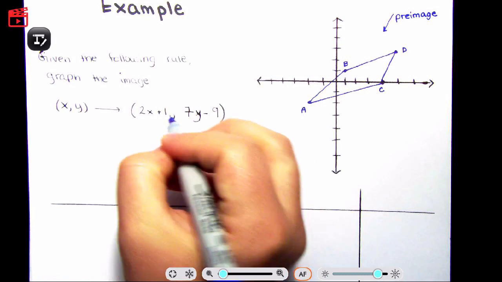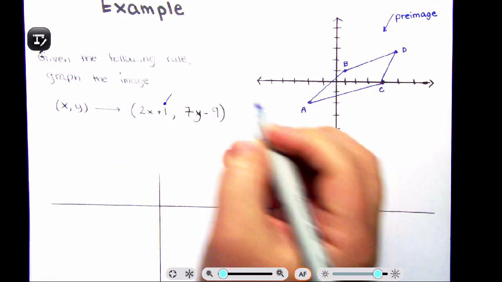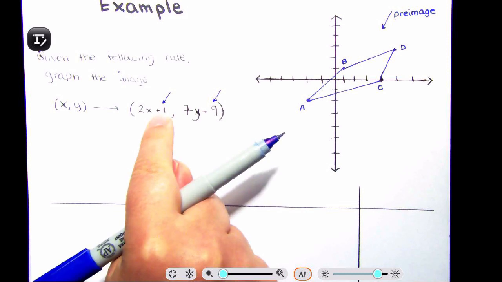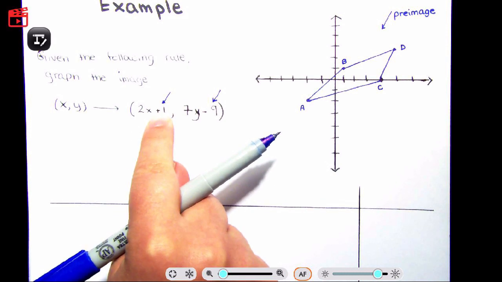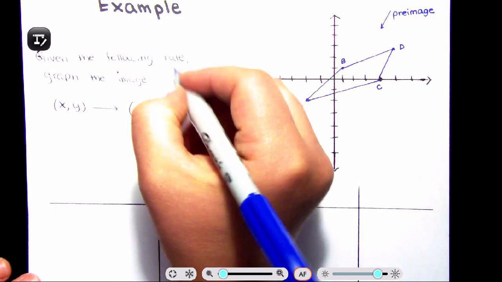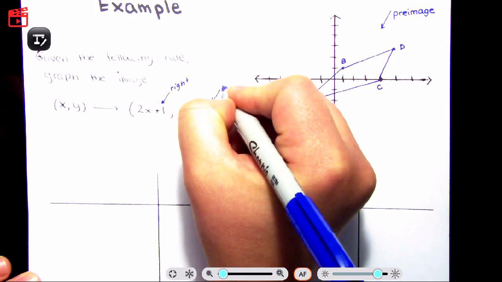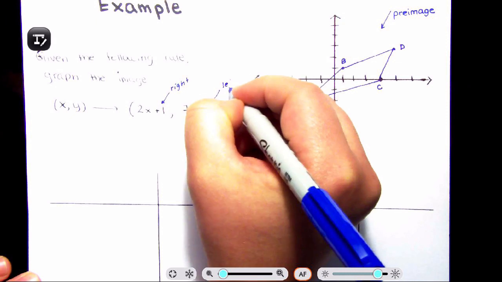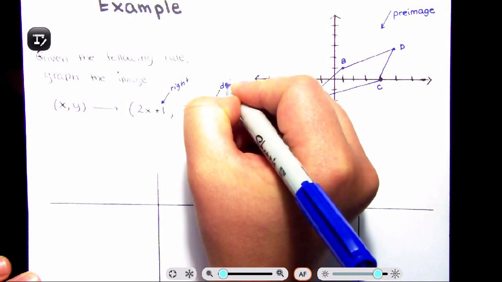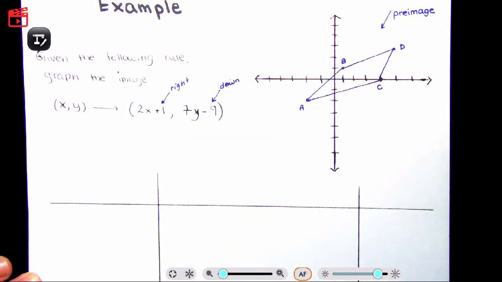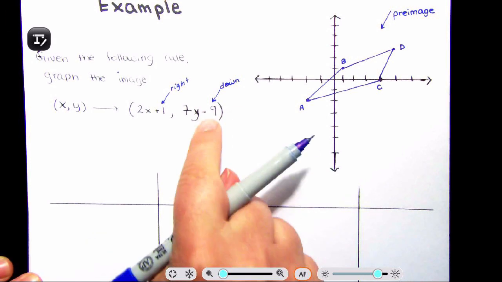When I'm looking here, I notice that I have a +1. I have a -9. So this +1 means that I'm going to be moving to the right. This minus means I'm going to be moving down, because it's in the Y spot.